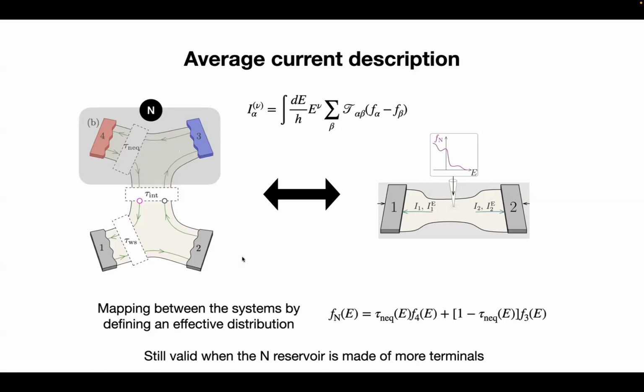And in this case here, as I was mentioning before, you can basically see that this input non-equilibrium distribution is just a mixture of 3 and 4, weighted by this transmission probability, which depends on energy.